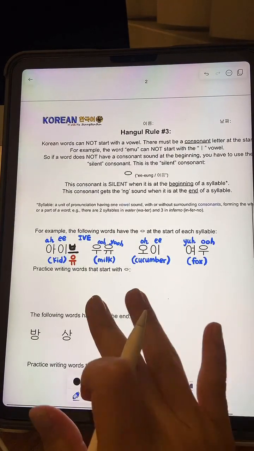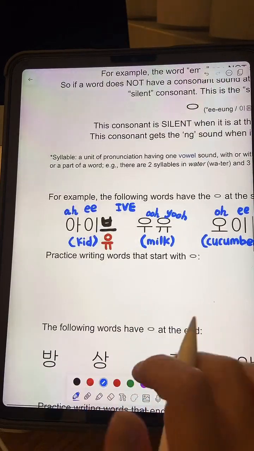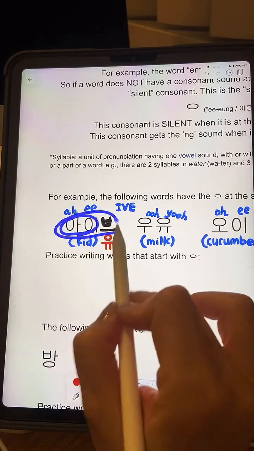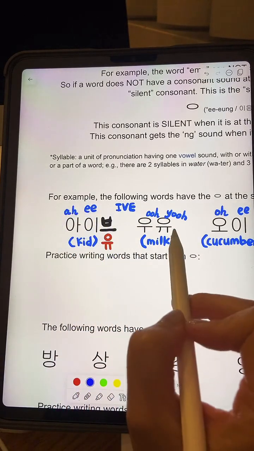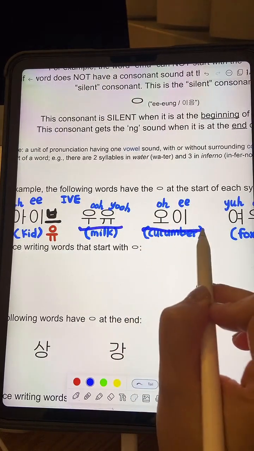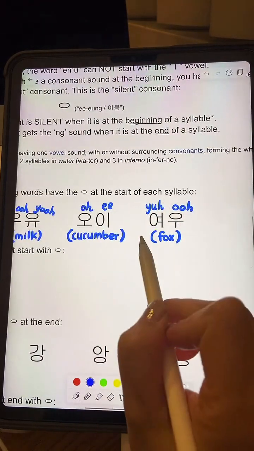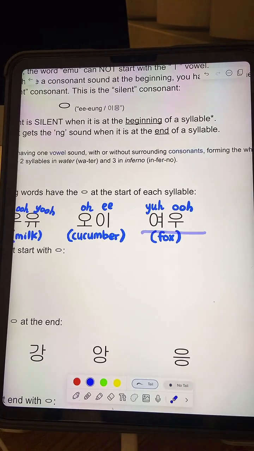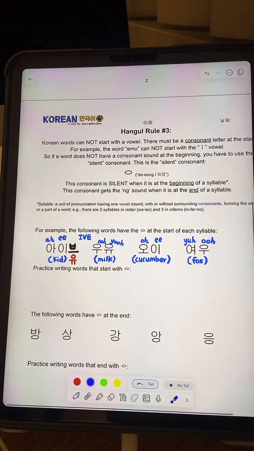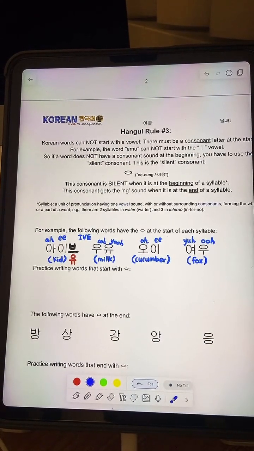We have 4 words. We had I, although we started to write Ibe and then IU. 우유. 오이. 여우. Okay. This time I'm gonna say these. So I want you to also practice saying the sounds. 안녕하세요. 네.